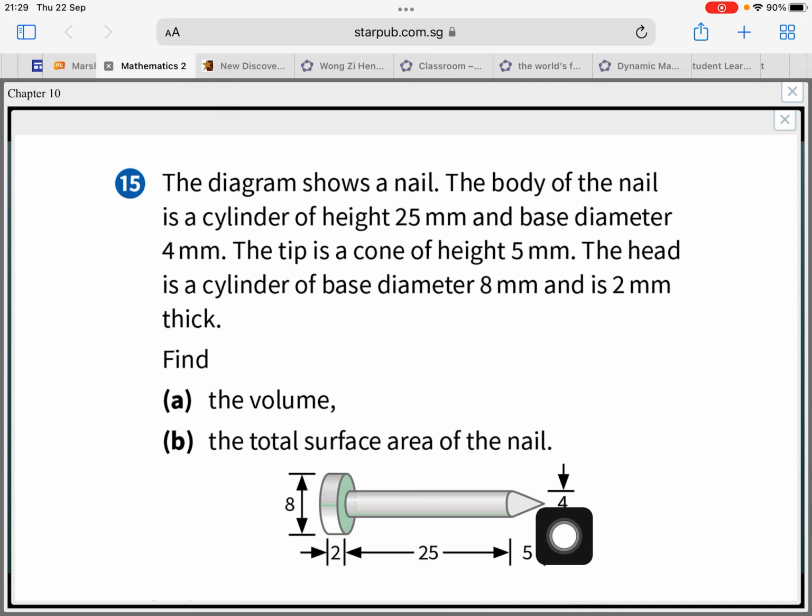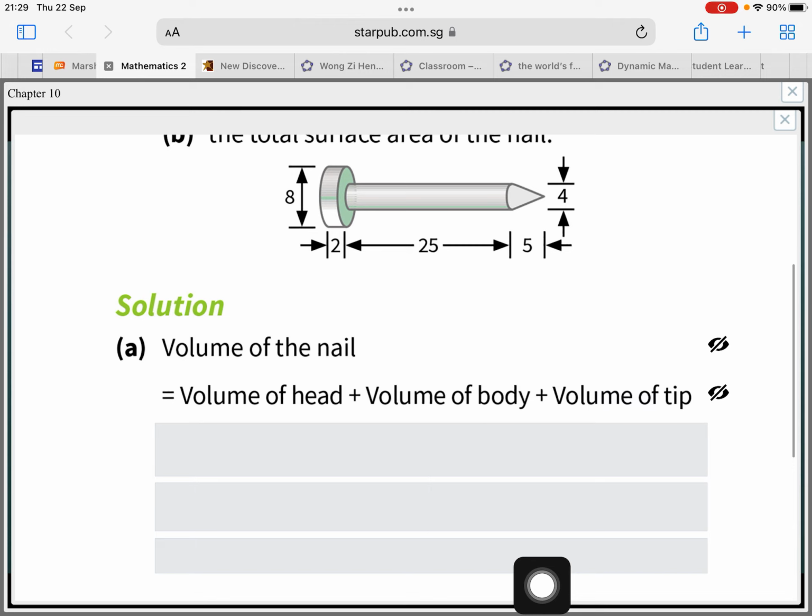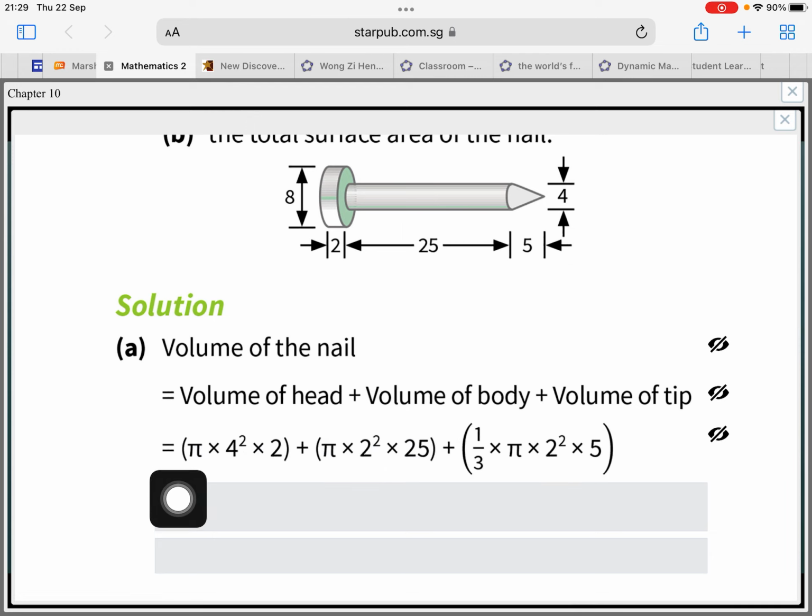This cylinder over here will be pi 4 square, because the radius is half of this diameter. So pi 4 square times 2. This is the volume of head, body, tip. Head, like we said, pi 4 square times 2.